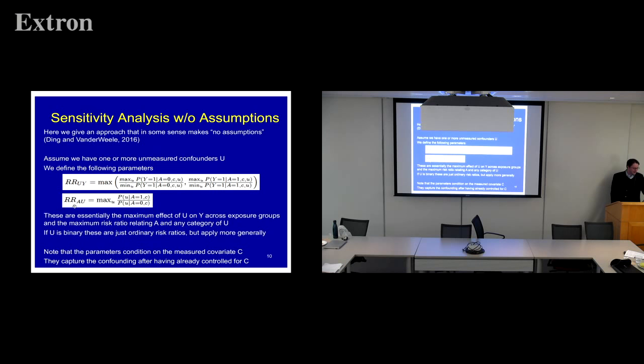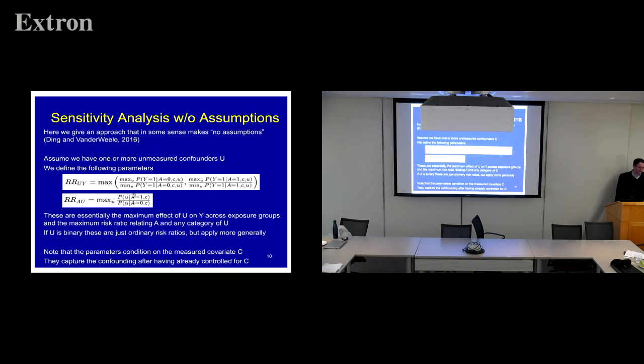And then the second parameter relates the exposure to the unmeasured confounder. It says for any two values of the unmeasured confounder, maybe we have an unmeasured categorical confounder with 7 levels, and we compare level 2 to 5, and we say how much more likely are the exposed and the unexposed to have that value of U be 5 versus anything else?